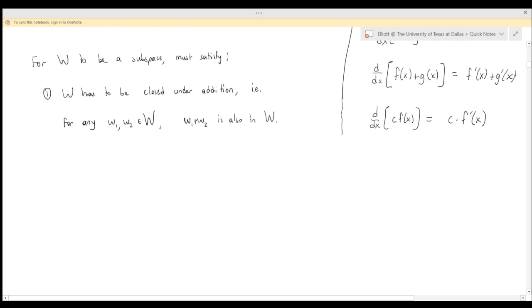So it's like if you take any two elements of W, you add them, you'll still be inside of W. So you can't exit W by adding things together. So that's kind of why we say that's closed under addition when it satisfies this property.